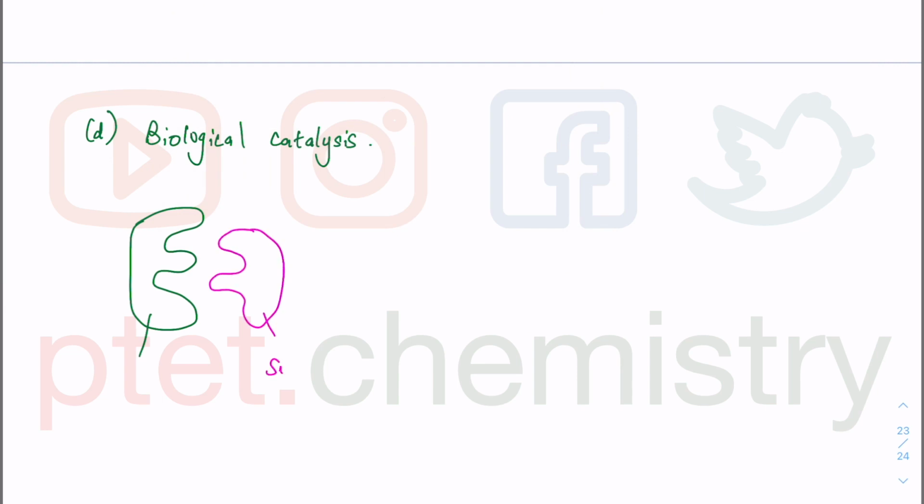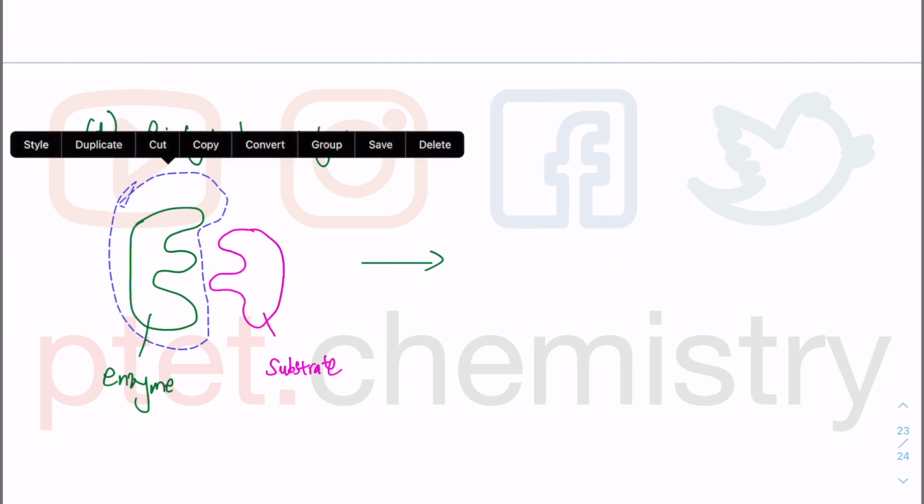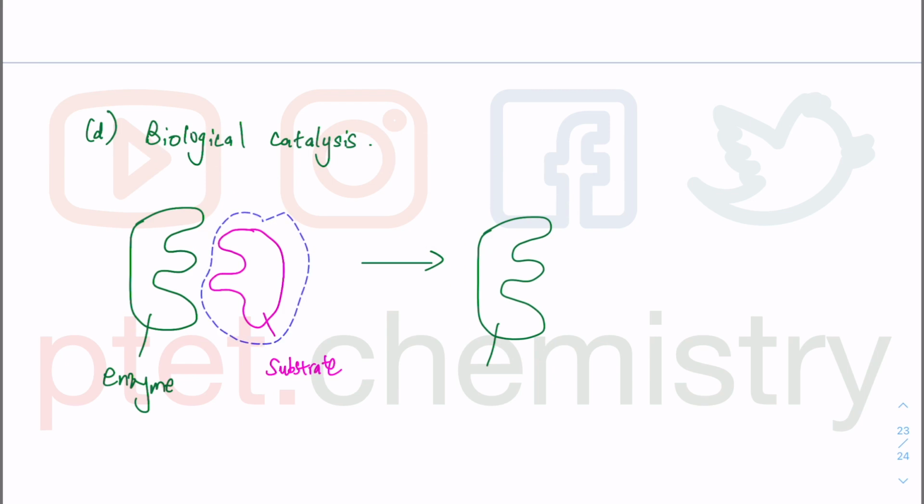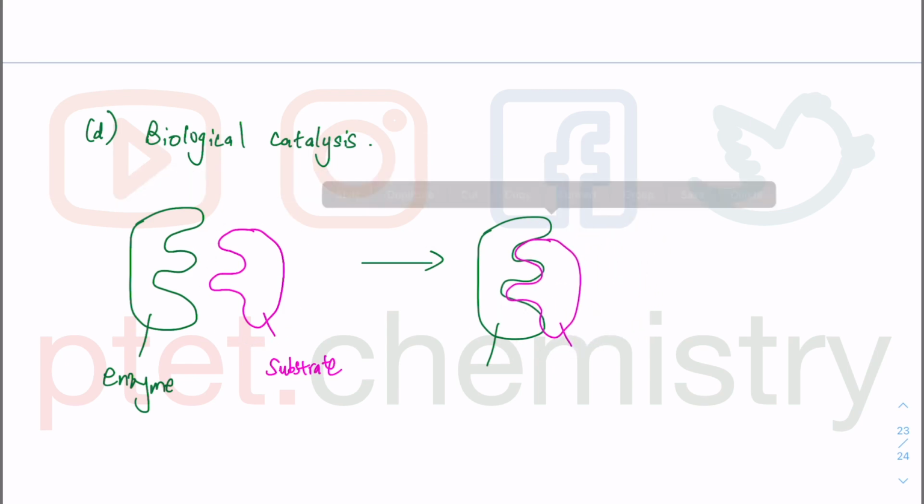So I can call that my substrate, and I can call that my enzyme. Okay, so when enzyme and substrate come together, then I will have an enzyme substrate complex. Let me see if I can make them come together. I should be able to if I just copy it and make it come together. Yes, I did.